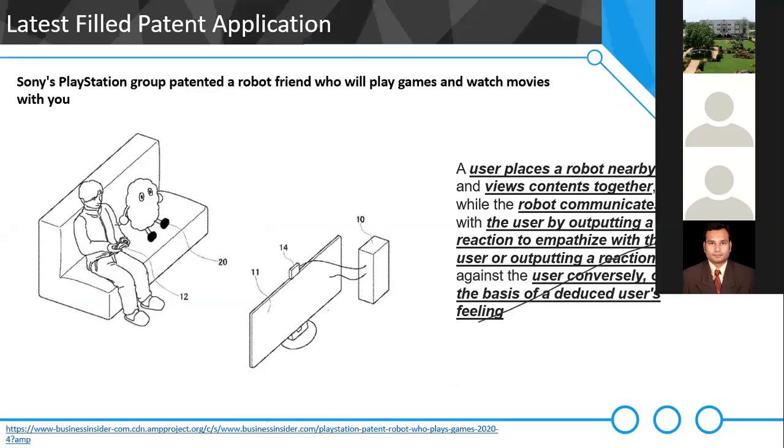And what are the latest applications filed in the months of March, April, and May? First, this application was filed by Sony on April 20th or 21st: a robotic friend that will interact with you while you are playing or watching movies. Quite a unique concept.